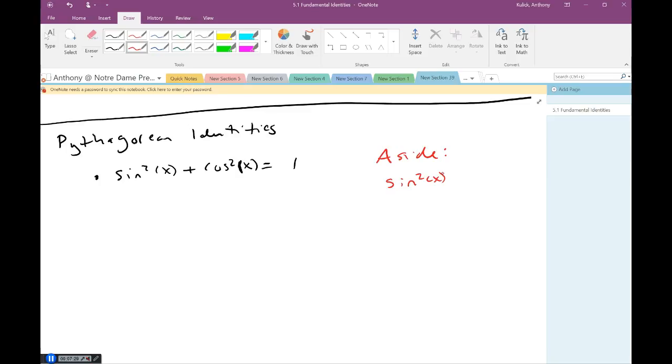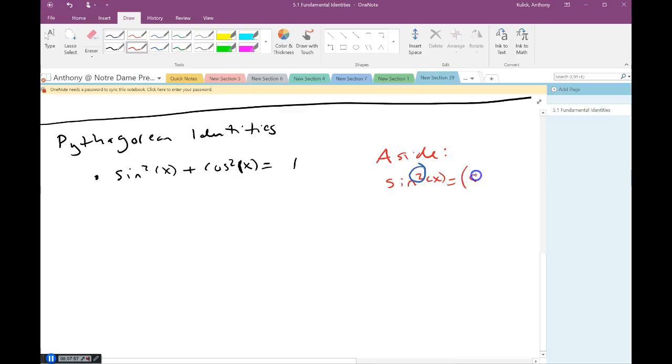As a little bit of an aside, when we write sine squared like this, where the squared is here, this doesn't really make a whole lot of sense, although this is the convention, the way we typically write this, because it'd be like the same thing as saying like square root squared, which again doesn't make a lot of sense unless you have something inside of it.